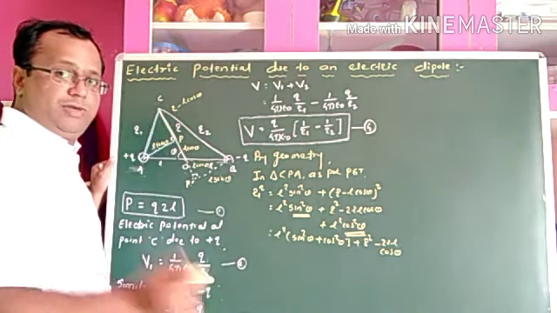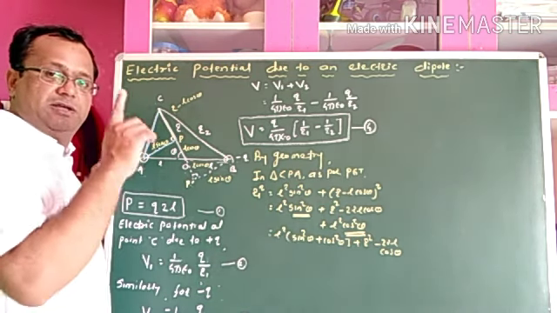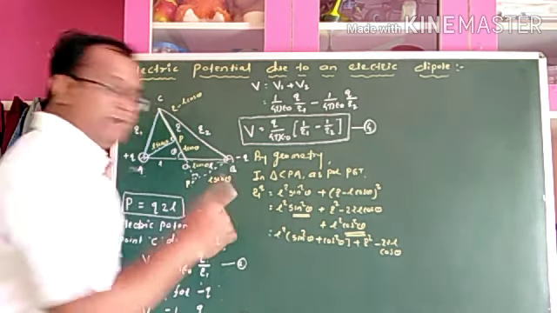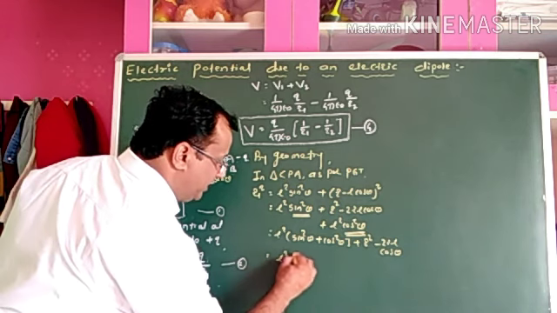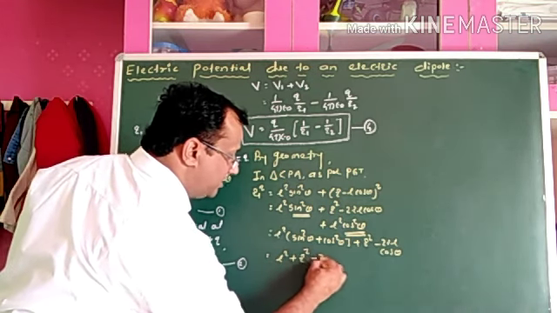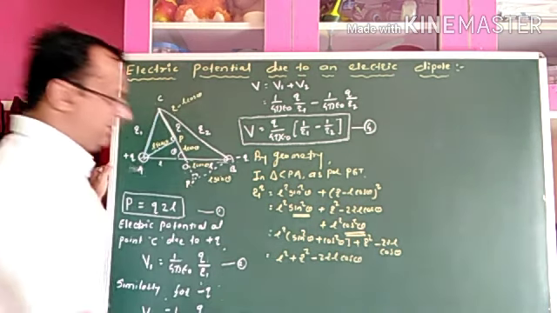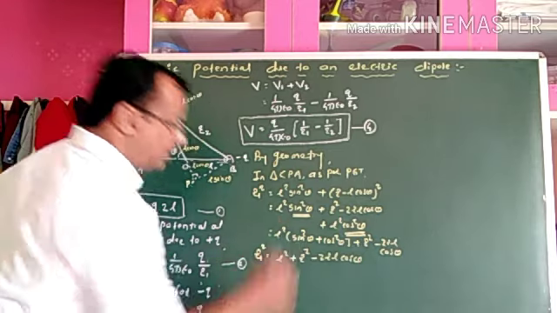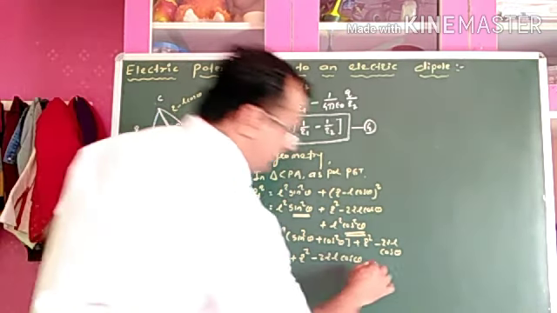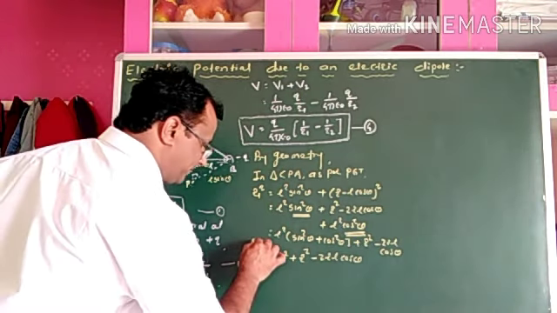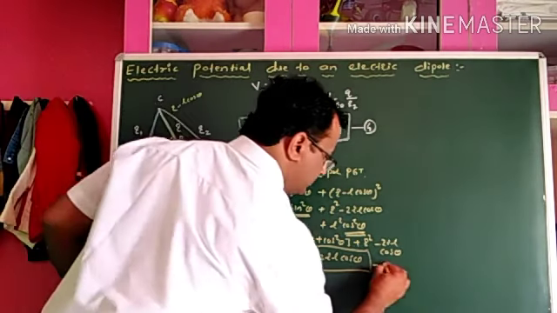But you know the mathematical standard: sin square theta plus cos square theta is nothing but 1. So instead of this bracket, we substitute the value 1. So we get L square plus R square minus 2RL cos theta. Now this will be the value of R1 square. Suppose this will be equation number 5.